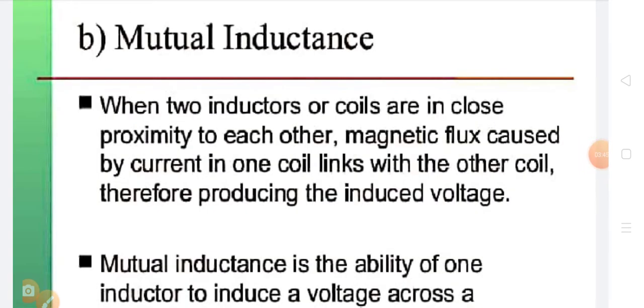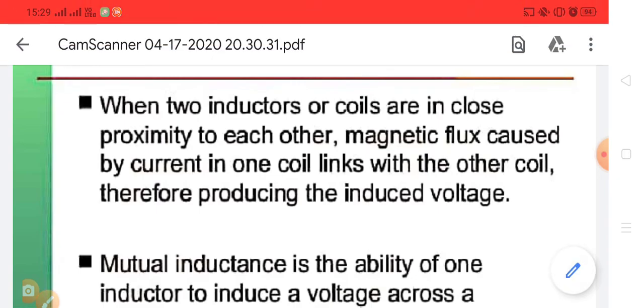Next, the mutual inductance. Self inductance is where voltage is generated in the same coil by the current flowing in that coil. Mutual inductance is when two inductors or two coils are close to each other, and the magnetic flux caused by the current in one coil links the other coil.